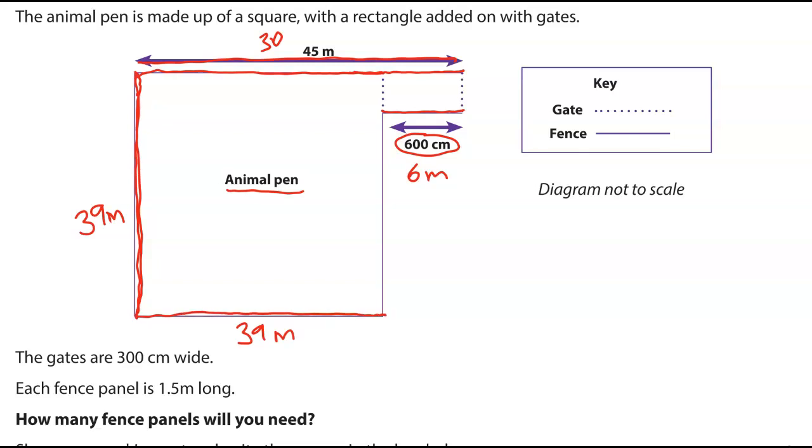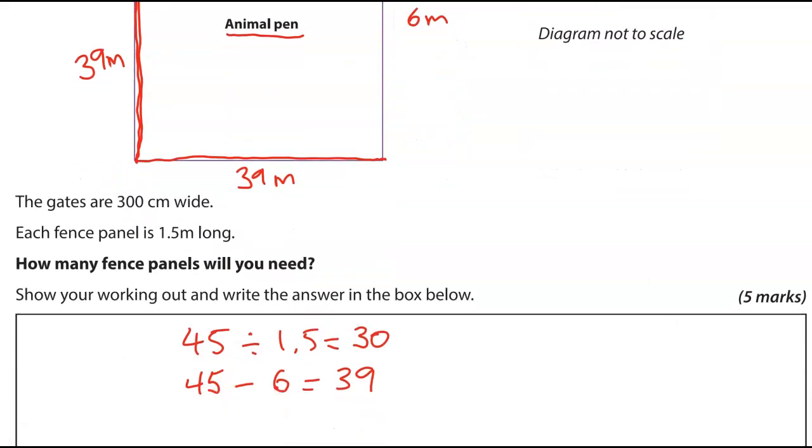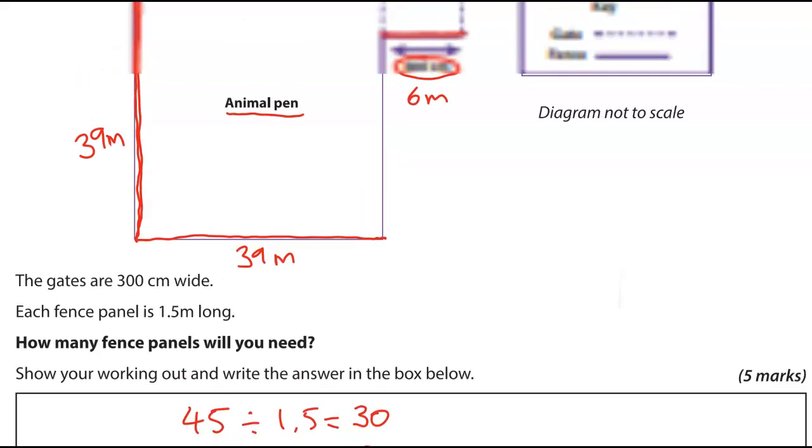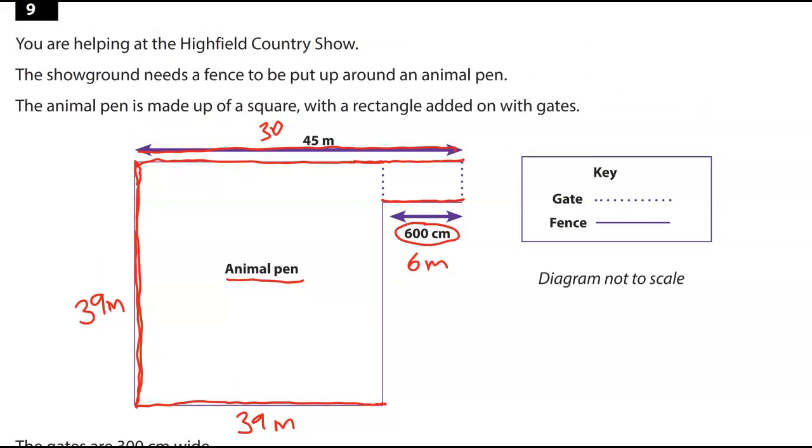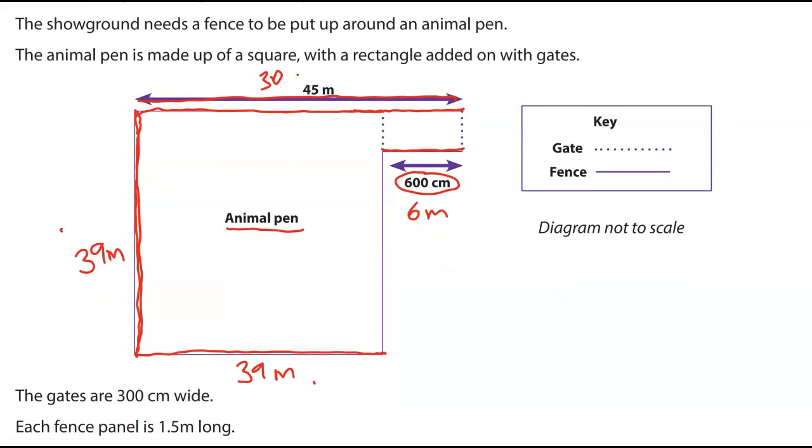How many fence panels can we fit in 39 meters? So we're going to do 39 divided by 1.5 gives us 26. So we've got 26 panels here, 26 here and 30 here. How many panels can we fit into this side? So this is going to be 39, take away this length, that's the gate.